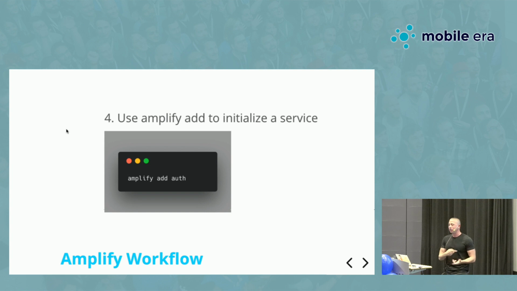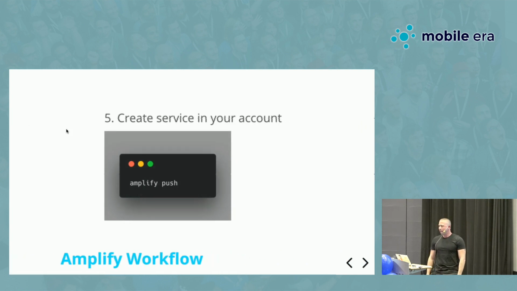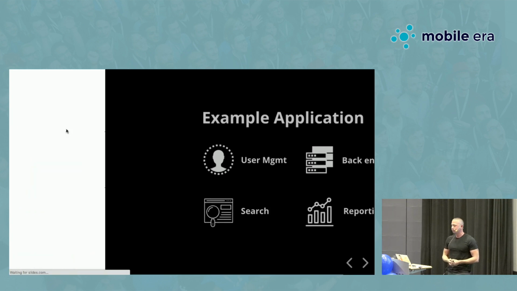To add a service, after you've initialized, you can run amplify add and then the name of the service, or you can just run amplify to see all of the services and commands that are available. Finally, to create the service in your account, you run amplify push. Amplify push will take the local configuration that we initialized, push it to your account, and actually create the real service. Then you can start interacting with it after the push has gone through.